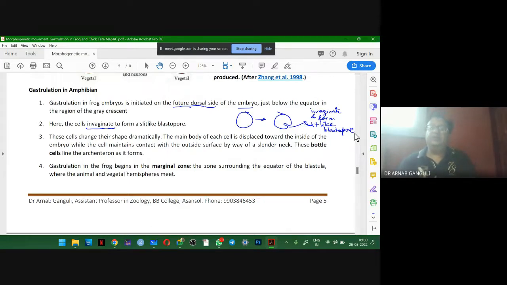I'm drawing it like this. This happens in sea urchin, but in amphibia it is more like this. A slit-like blastopore is formed.